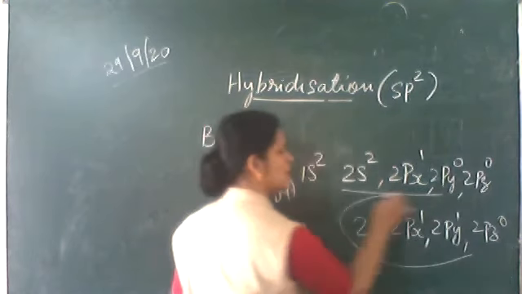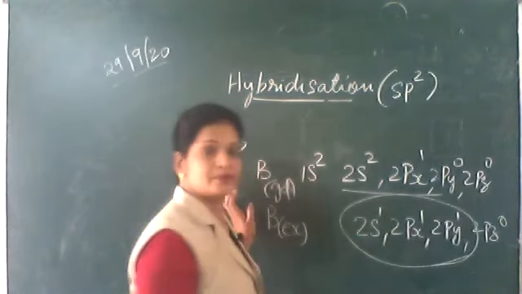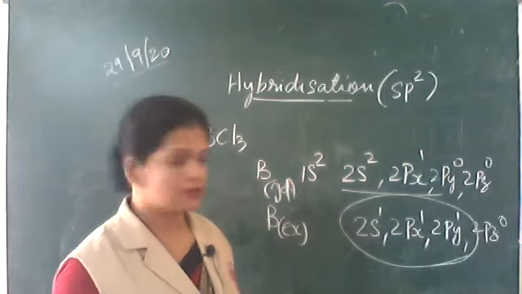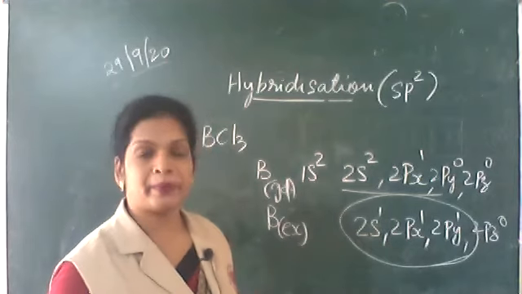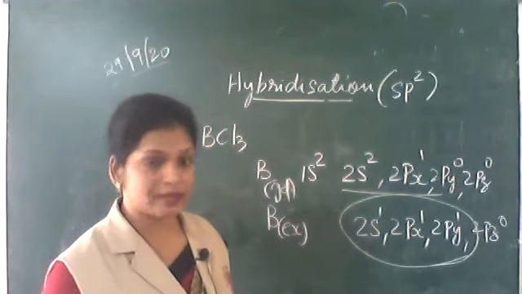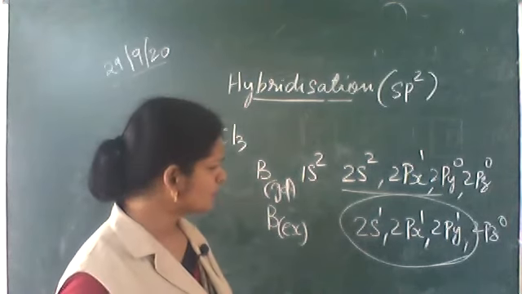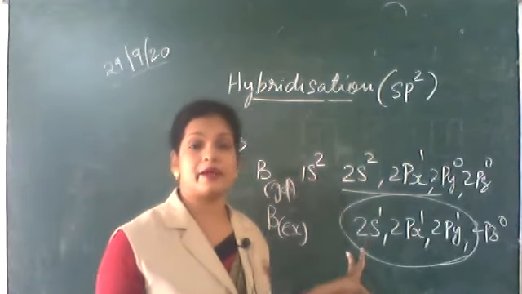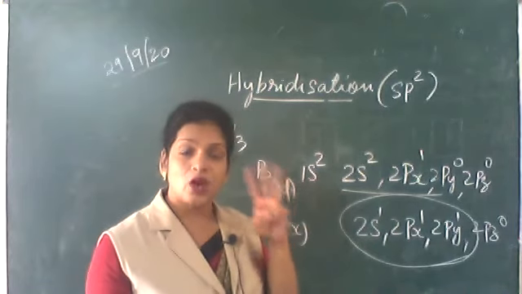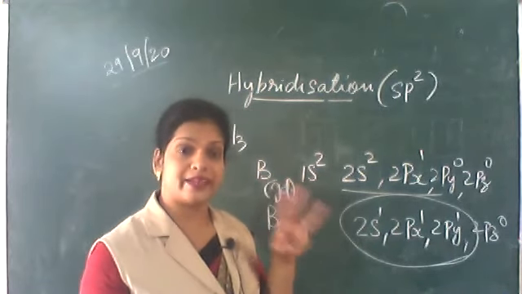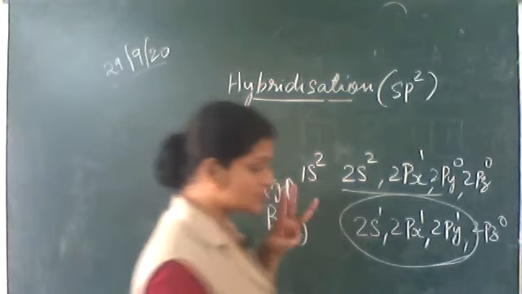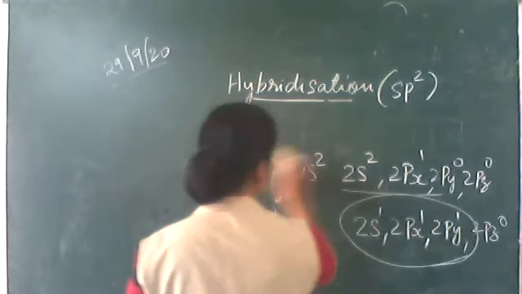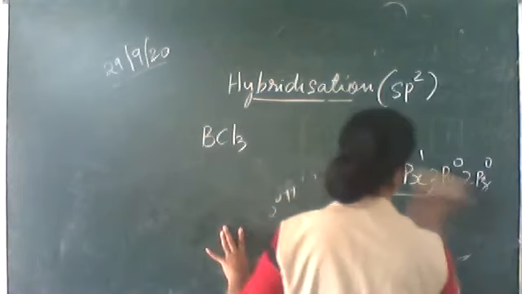Now the orbitals with unpaired electrons are undergoing hybridization. So you will be getting 3 new orbitals. 3 are undergoing hybridization. You will be getting 3 orbitals of equivalent energy and identical shape.